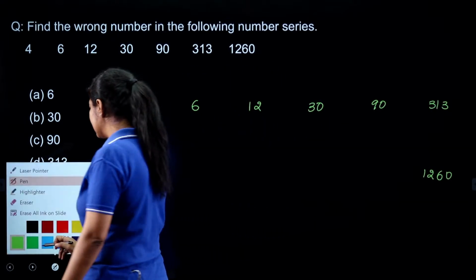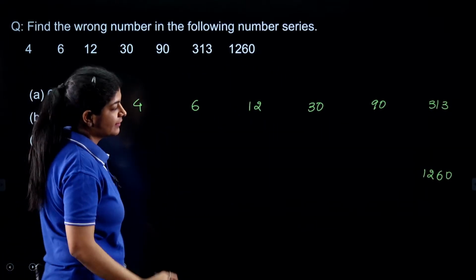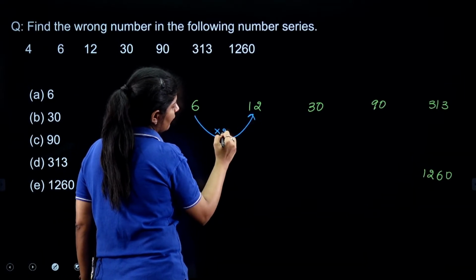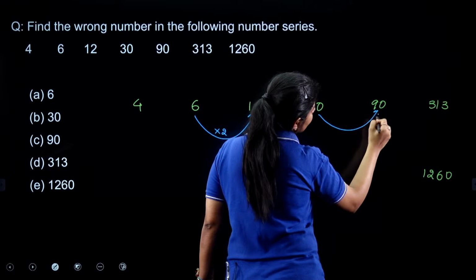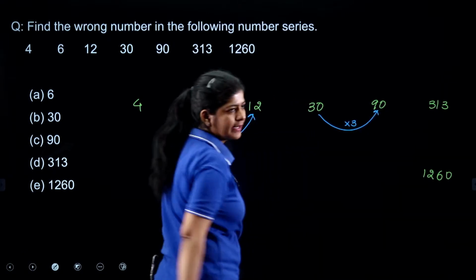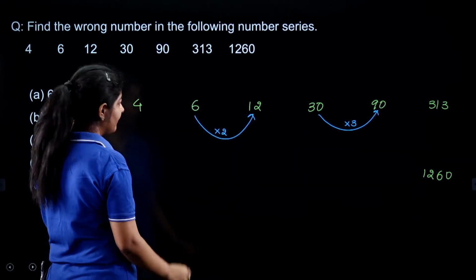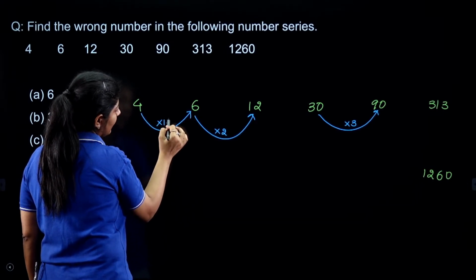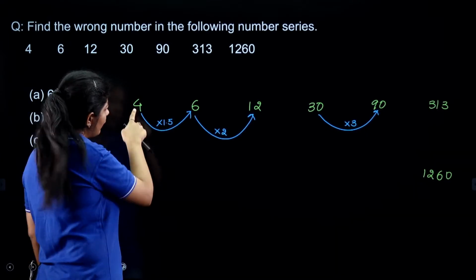As I am writing these numbers, I got to know a few things. This value is a multiple of 2 and this value is a multiple of 3. If I want to convert my 4 to 6, I can multiply it by 1.5, that is 4 into 1.5.